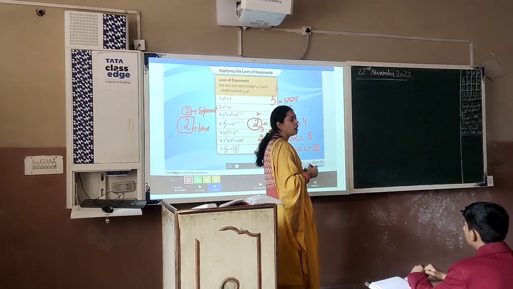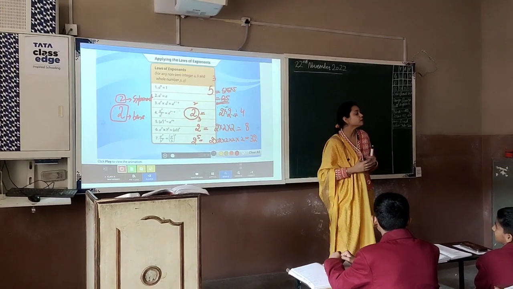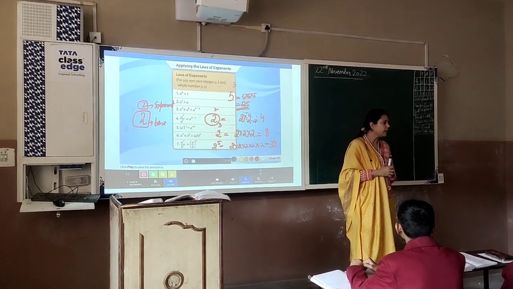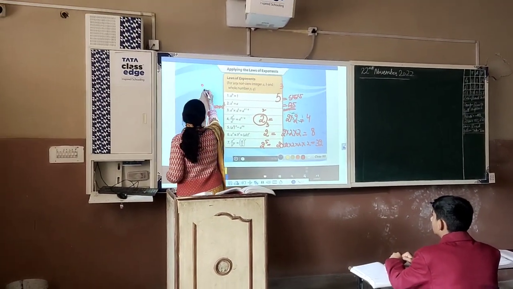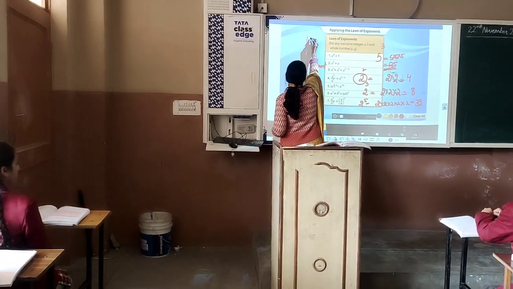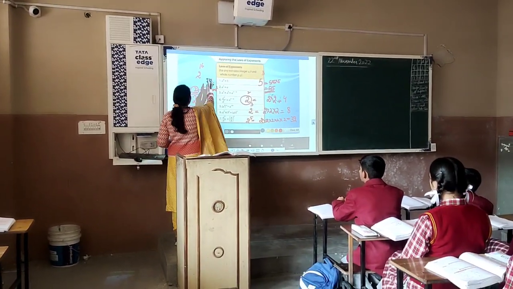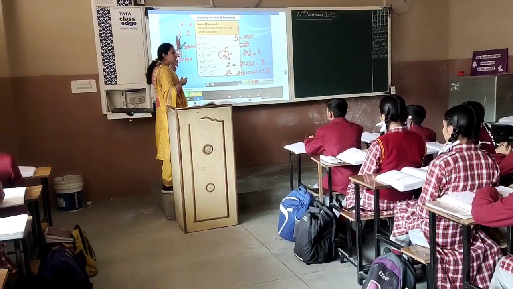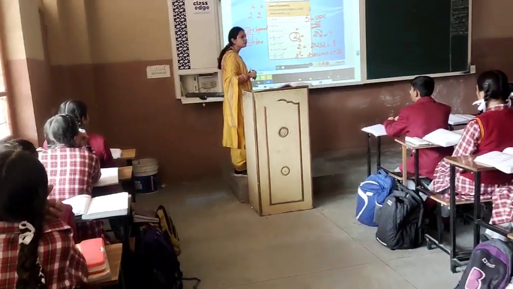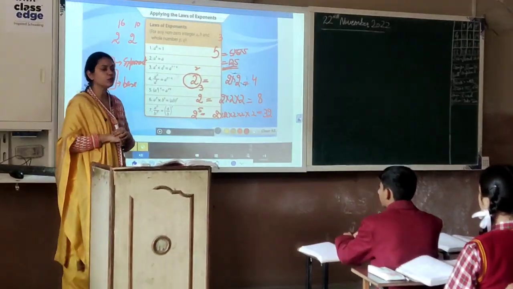Now students, in order to solve exponents, we need some special laws. Suppose I have 2 raised to power 16 and 2 raised to power 10. These are 2 exponents. If I ask you to add them, what are you going to do?